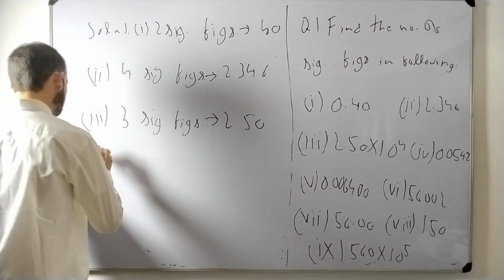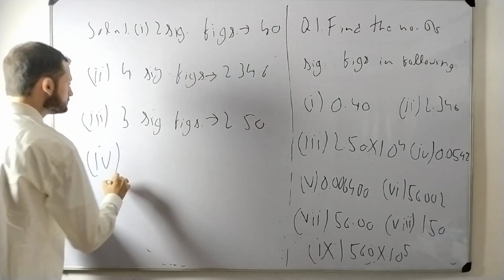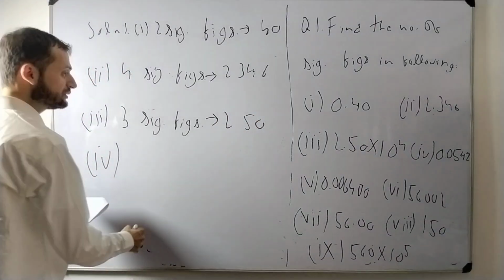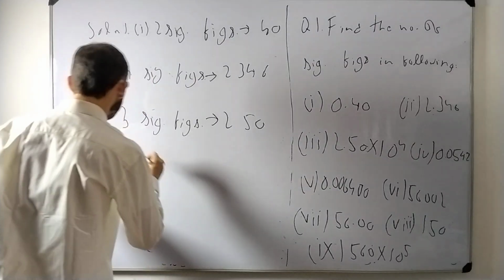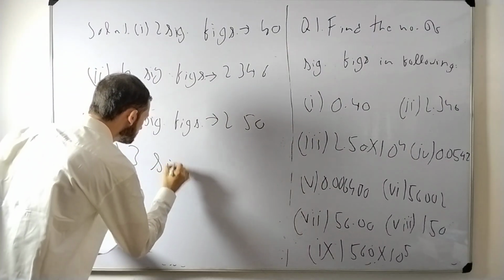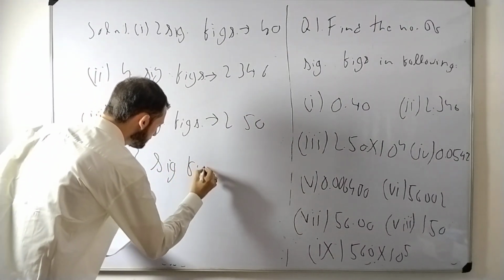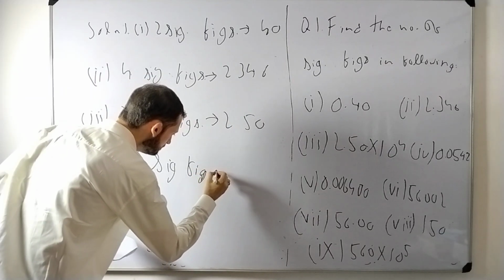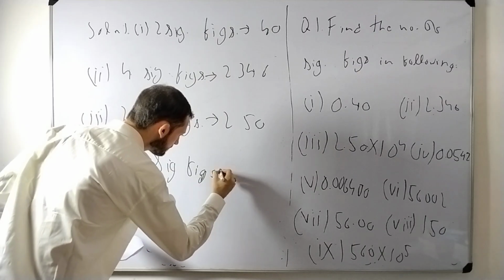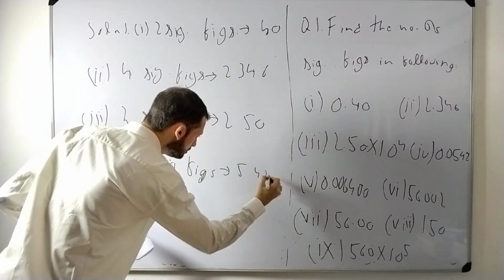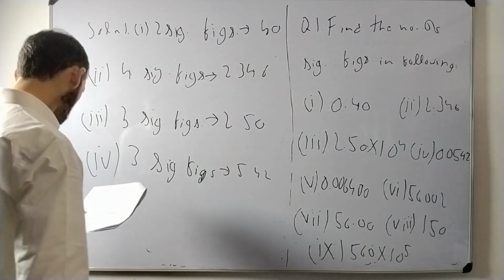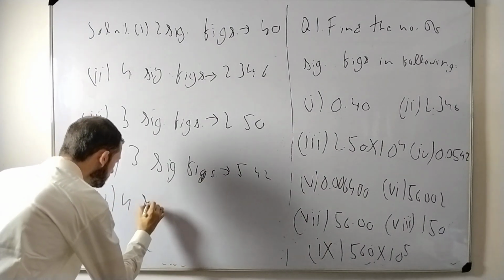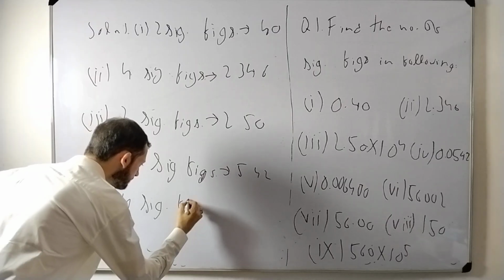And fourth. 3 significant figures. What are they, students? So 542. Fifth, 4 significant figures.